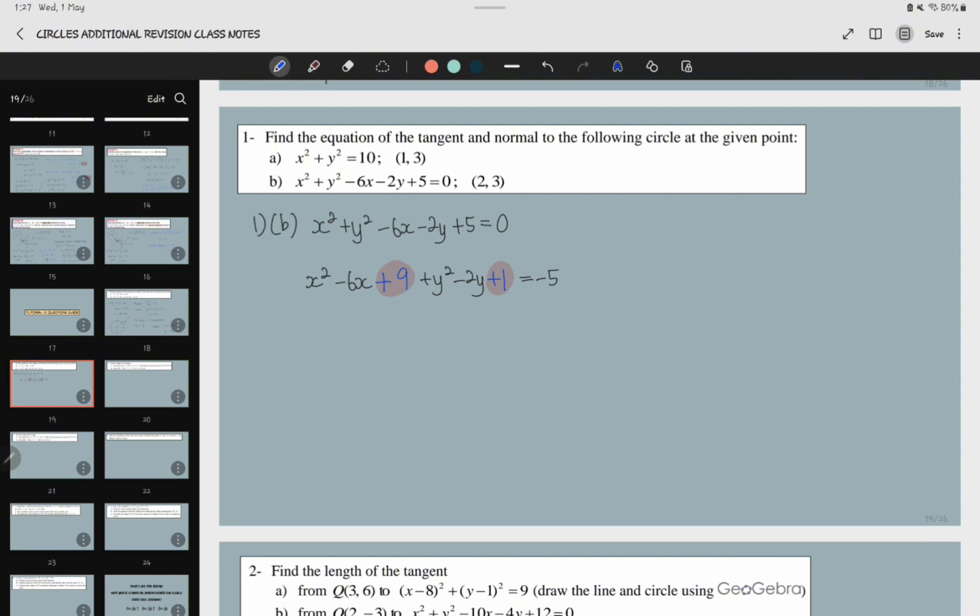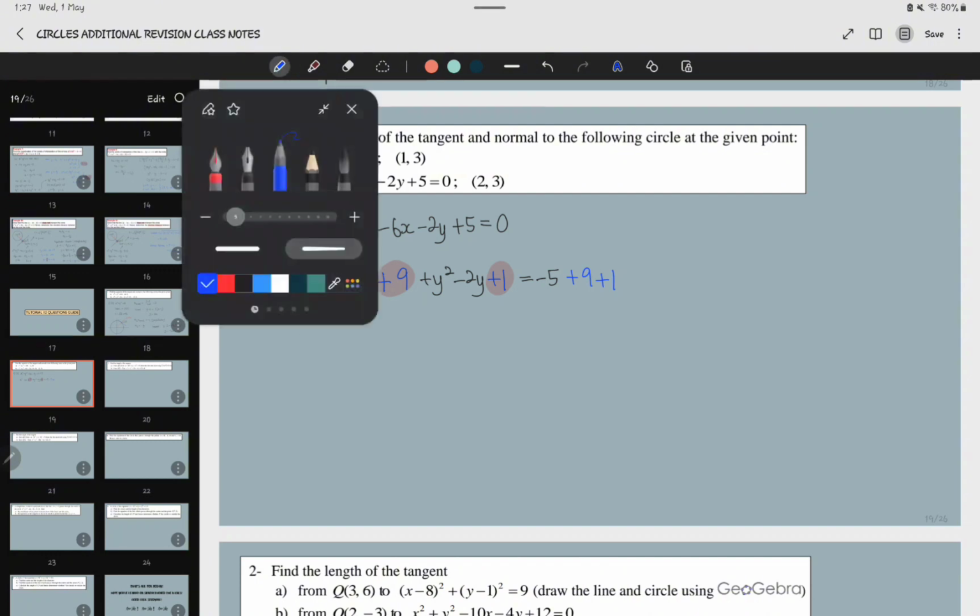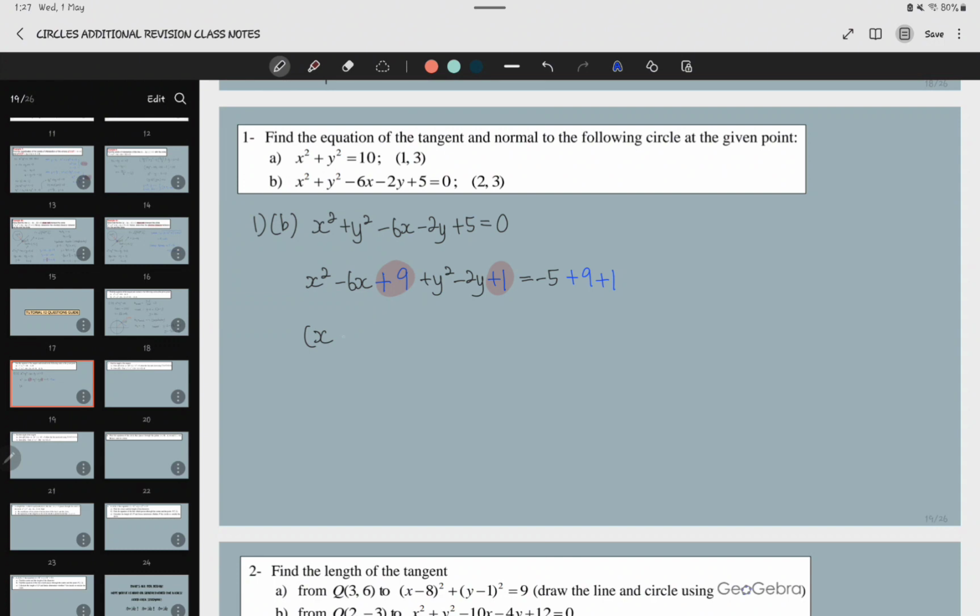So that's it. Remember, when you add at the left hand side, you have to add at the right hand side. So plus 9 here, plus 1 here. It will cancel off because initially 9 and 1 did not exist. We are adding it, so we add left, we add right. Okay, so simplify, you will get x minus 3 squared.